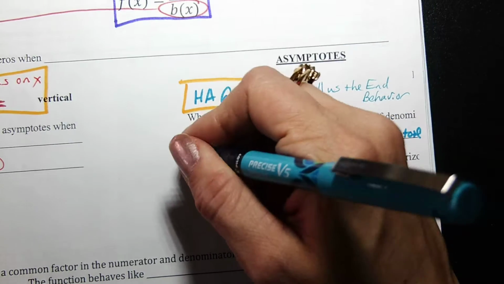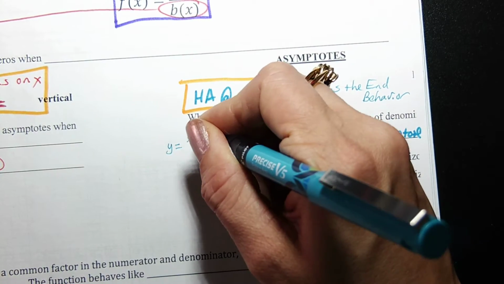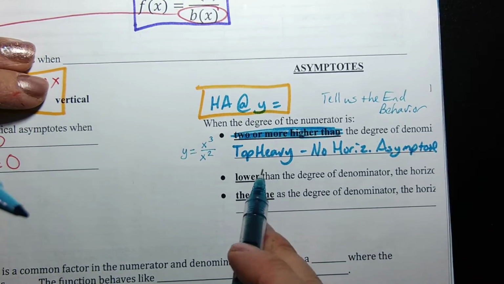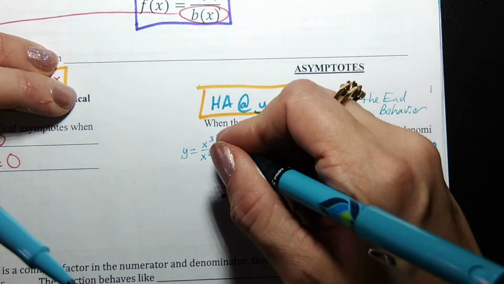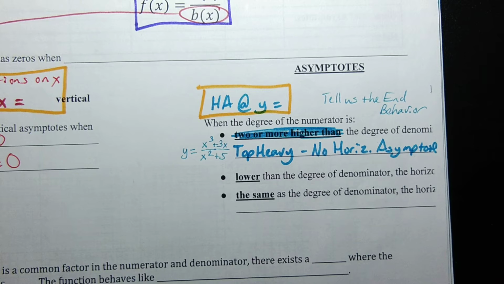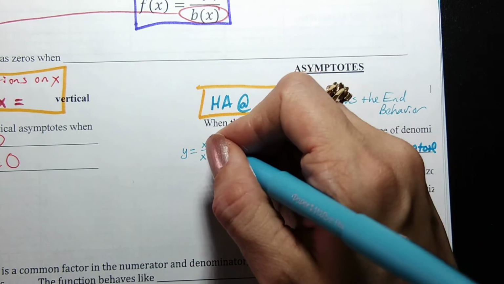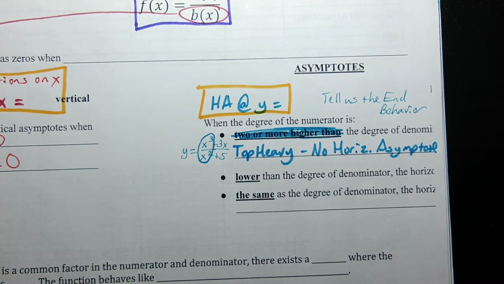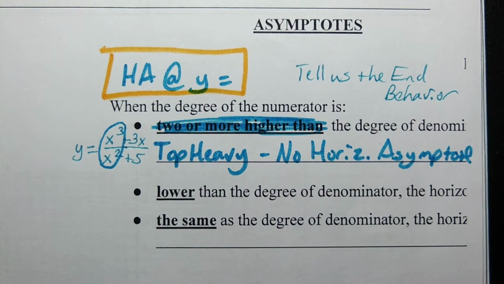For example, y equals x cubed over x squared. If we compare the top degree with the bottom degree, and I can add some constants there as well, we can do 3x plus 5. When we are comparing these, we are only looking at the highest power of the top and the highest power of the bottom. So if it is top heavy, or if the higher degree is on the top of the fraction, then there is no horizontal asymptote at all.